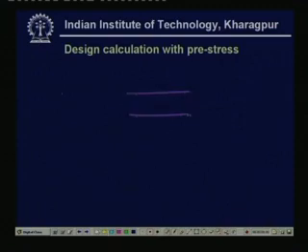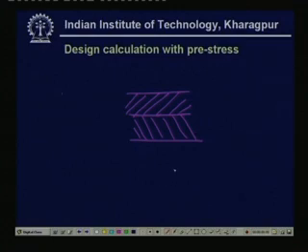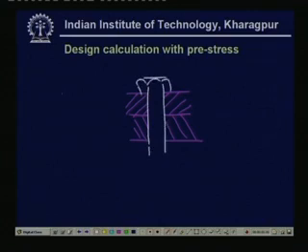a first term. For example, here these are the two plates, and we have a bolt here. Now when you take the joint stiffness of this combination, then instead of the plate, we take this frustum.